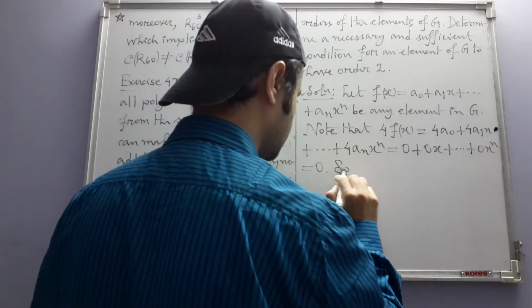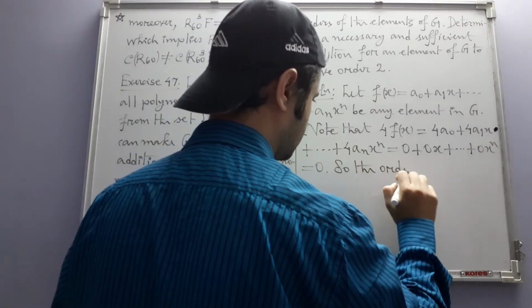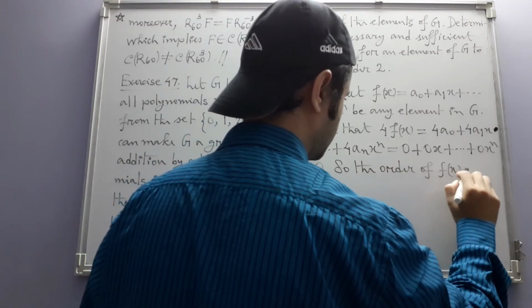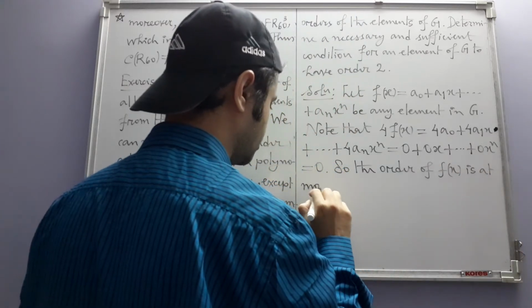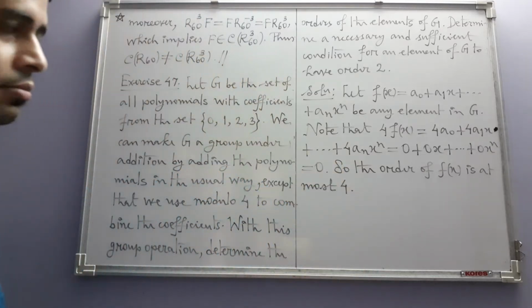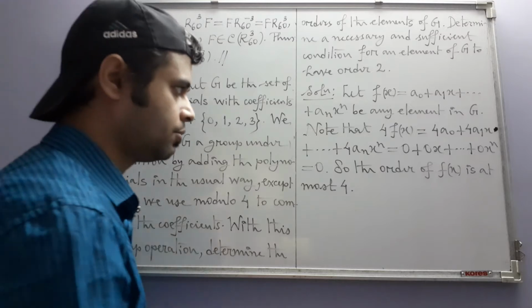So the order of f(x) is at most 4. For any element f(x), the order is going to be at most 4.